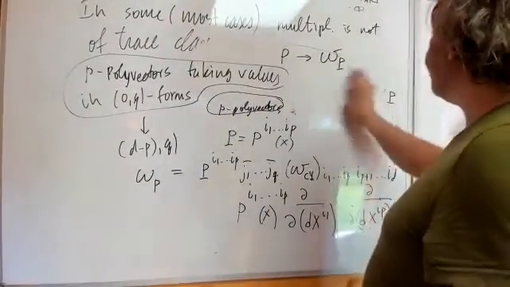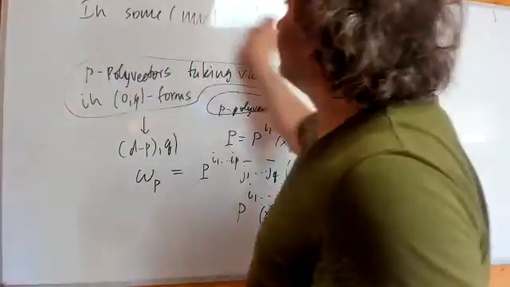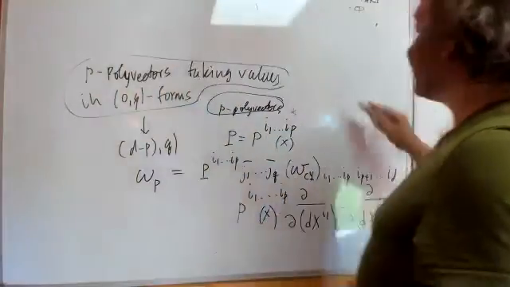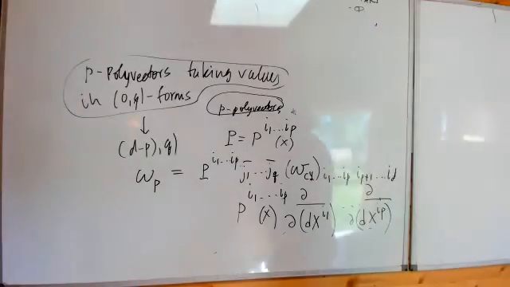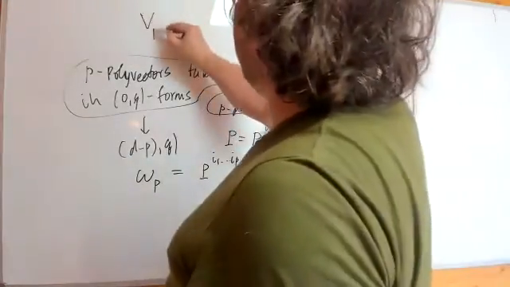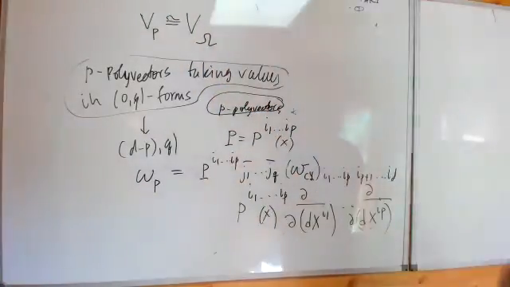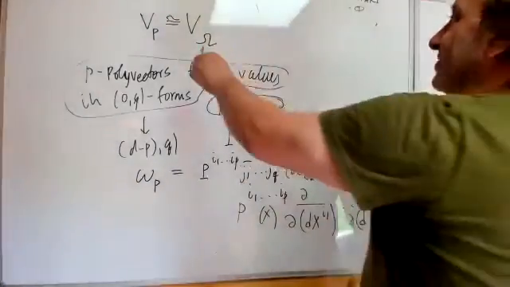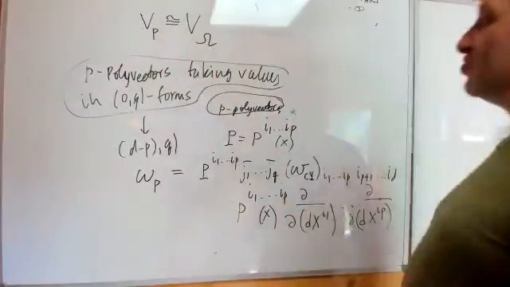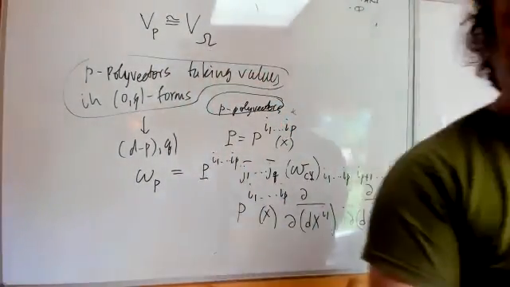Now, I have VP identified with V omega. And I will say in each place what I'm using, VP representation or V omega representation.